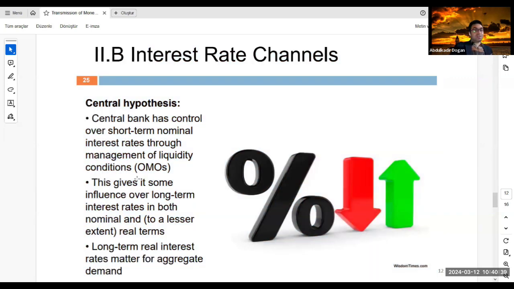As you see here, this gives it some influence over long-term interest rates in both nominal and real terms. Because if I'm making an open market operation in the market, this will affect not just the short-term loan, but also the long-term rates in the market, like the 10-year, 30-year treasury bond prices. And the long-term real interest rate matters for aggregate demand.